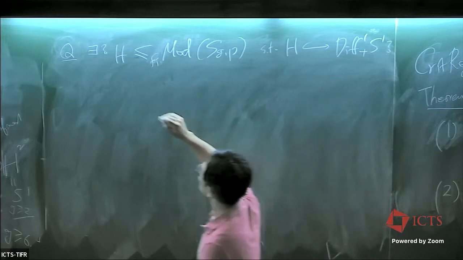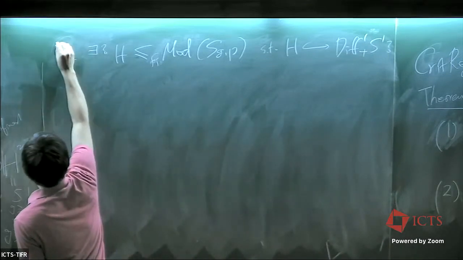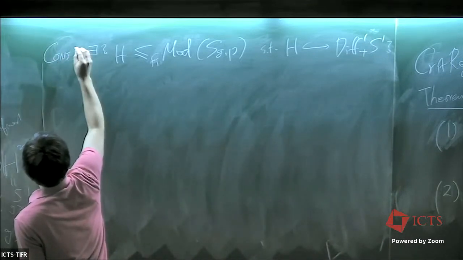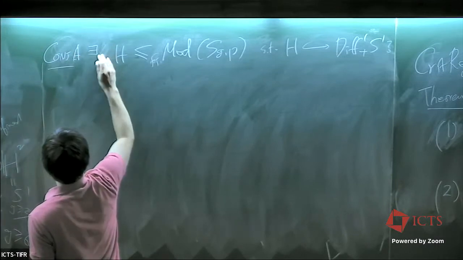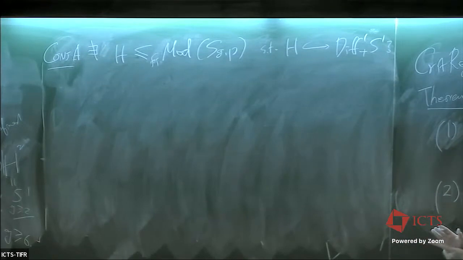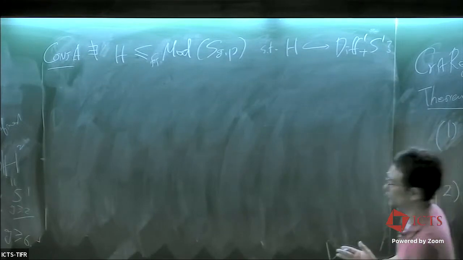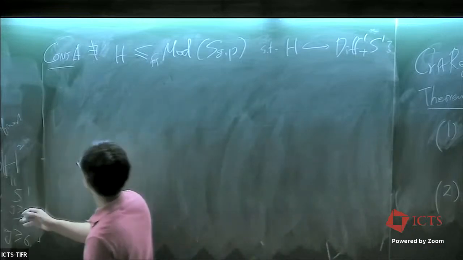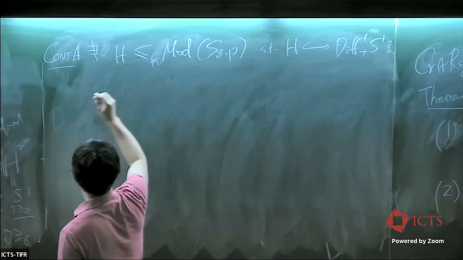Let's call this conjecture A. The conjecture is there does not exist a finite index subgroup embedding into Diff^1_+ of S^1. And this is actually a lot harder and still open compared to the previous result.